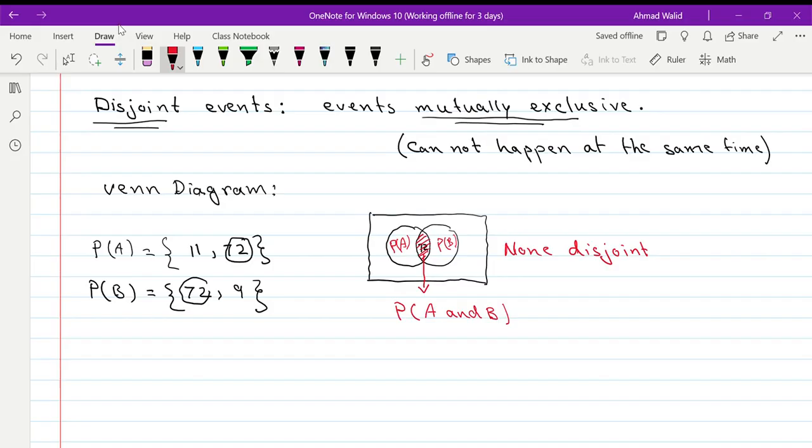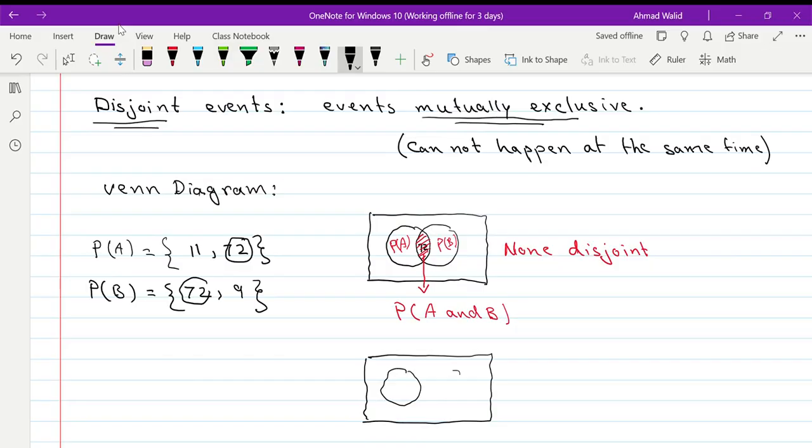Now, I will draw another Venn diagram to show you disjoint events. Let me draw another one. Again, I'll draw two circles, but this time like this.